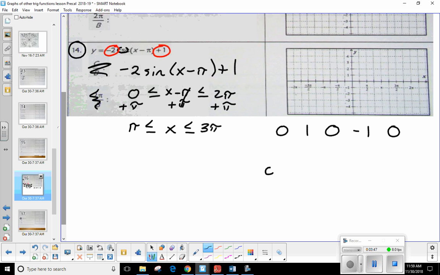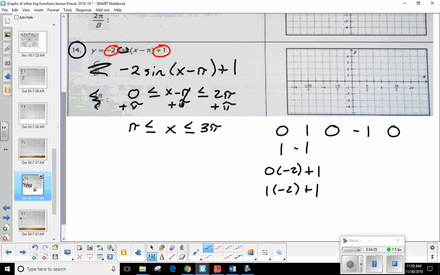So I'm going to take 0 times -2 plus 1. That's just going to be 1. Then I'm going to take the next number, 1. Multiply by -2, add 1. That would give me -1, yes. So does everybody see where I'm getting these values from? Okay.